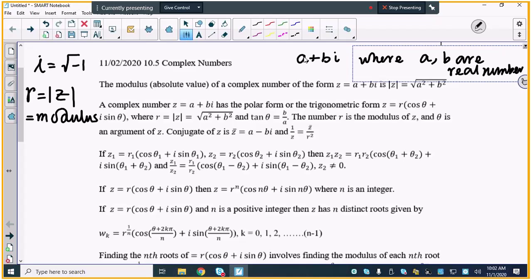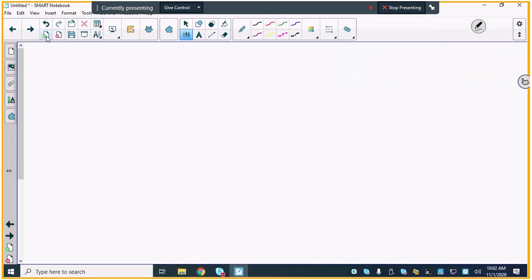So let's talk about all these things and try to understand them a little better and verify some of these properties on our own. As I said, a complex number is denoted by z, and it is of the form a plus bi, where both a and b are real numbers.